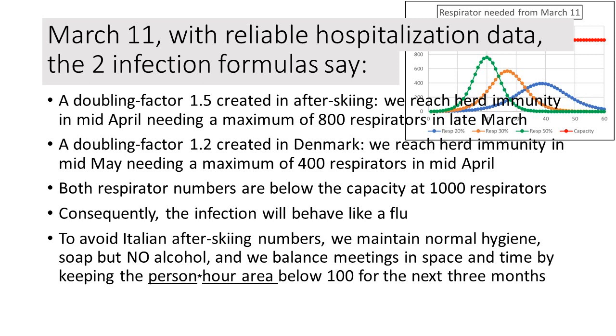Therefore, to avoid Italian after-skiing numbers, we maintain normal hygiene, that is soap but no alcohol. And we balance meetings in space and time, by keeping the person times hour area below 100 for the next 3 months.